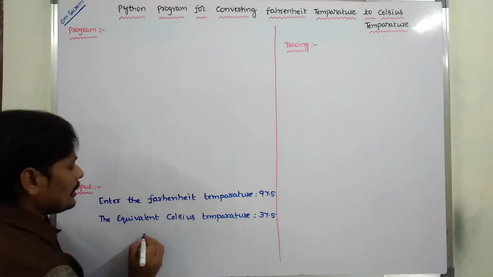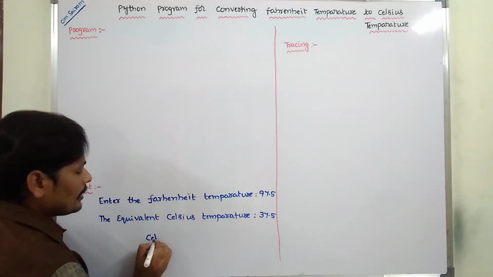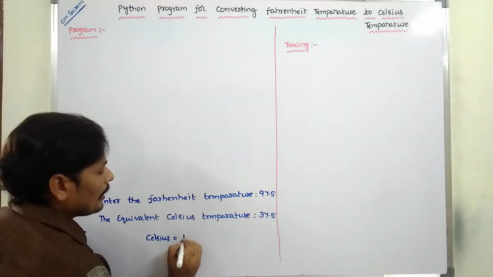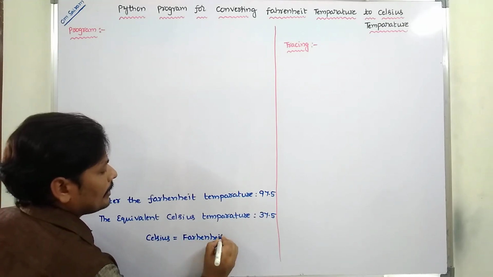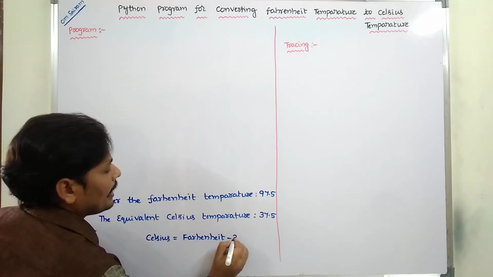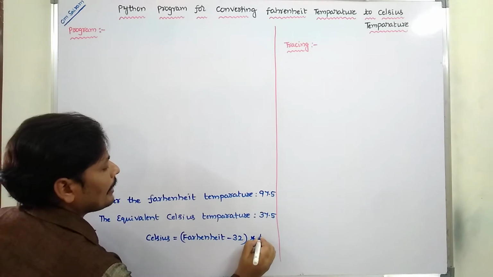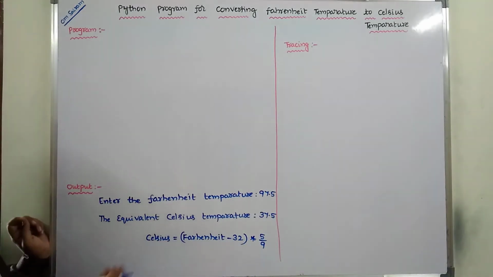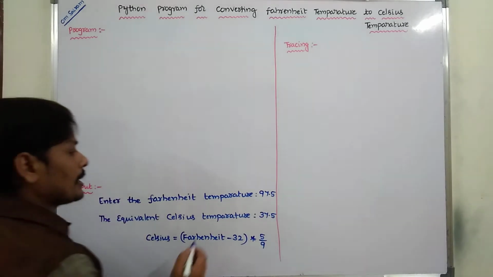We have to find out the Celsius temperature. So Celsius is equal to, this is the formula, Fahrenheit temperature minus 32 into 5 by 9. This is the formula we have to use for converting Fahrenheit temperature into Celsius temperature.